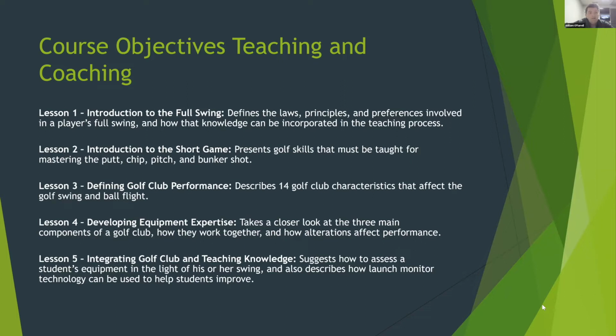Lesson 2 is going to revolve more around the short game, where we're going to talk about what type of skills a player is going to need to improve those particular areas. If we're looking at putting, we may talk about distance control or direction or reading greens, things like that. What consists of a basic pitch shot or a basic chip shot or a bunker shot.